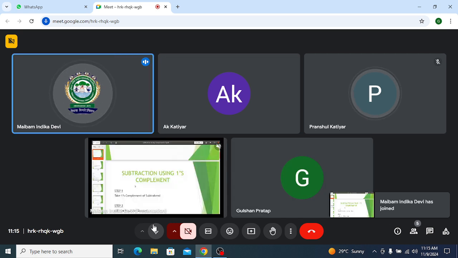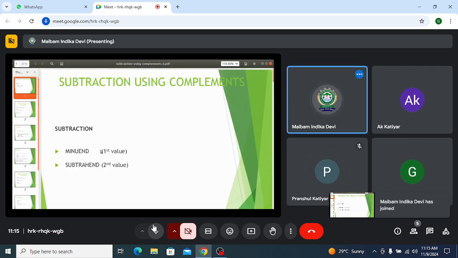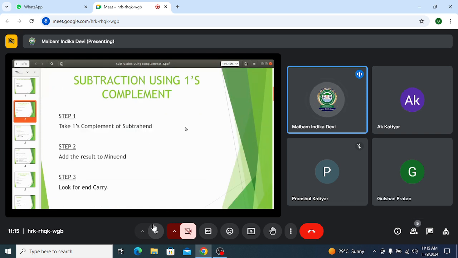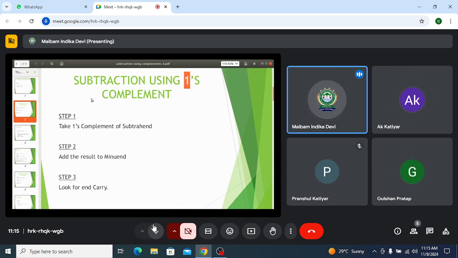I am telling you, in case the two numbers are decimal numbers and you are going to perform subtraction using nines complement, the name will be nines complement because r minus 1 complement is called nines complement in case of a decimal number. The steps will be the same, except that instead of taking one's complement, you will be taking nines complement.